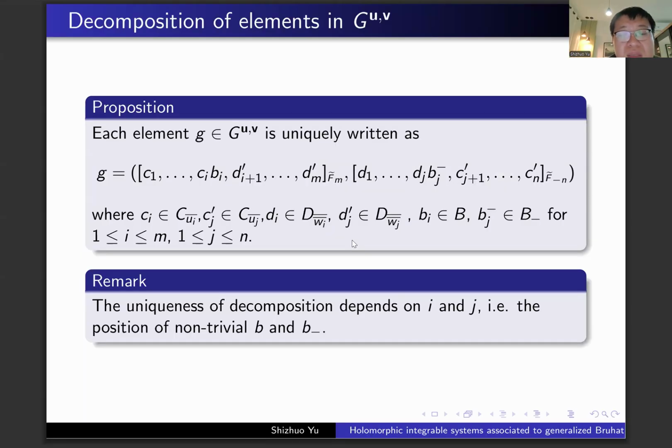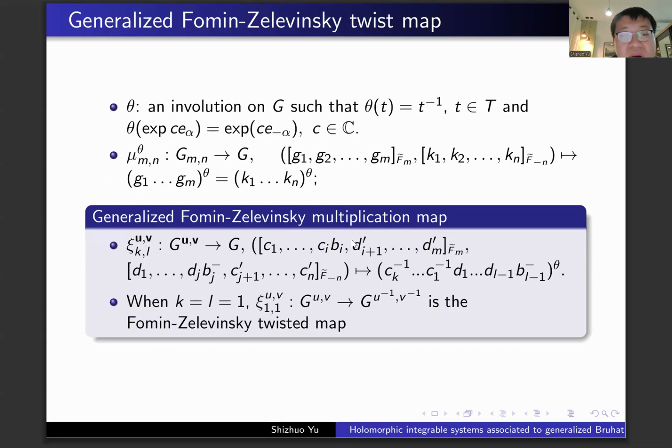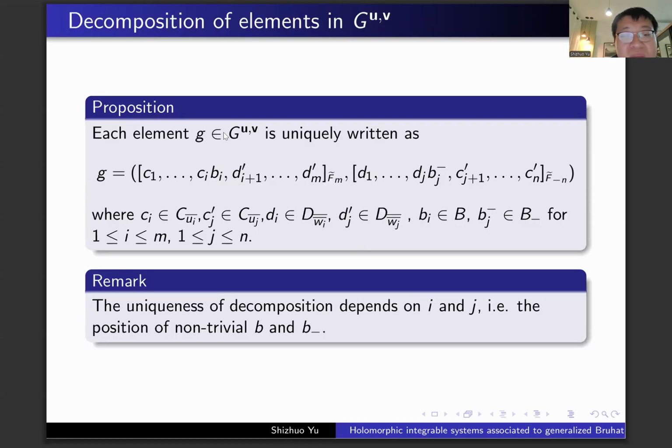And similarly, we introduce the generalized Berenstein-Zelevinsky multiplication map, and each element in the generalized double Bruhat cell can be uniquely written in this way as well.